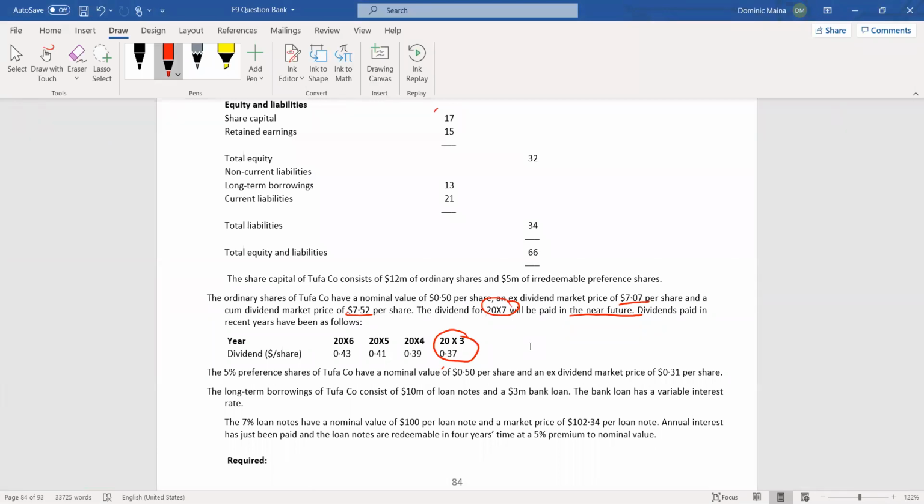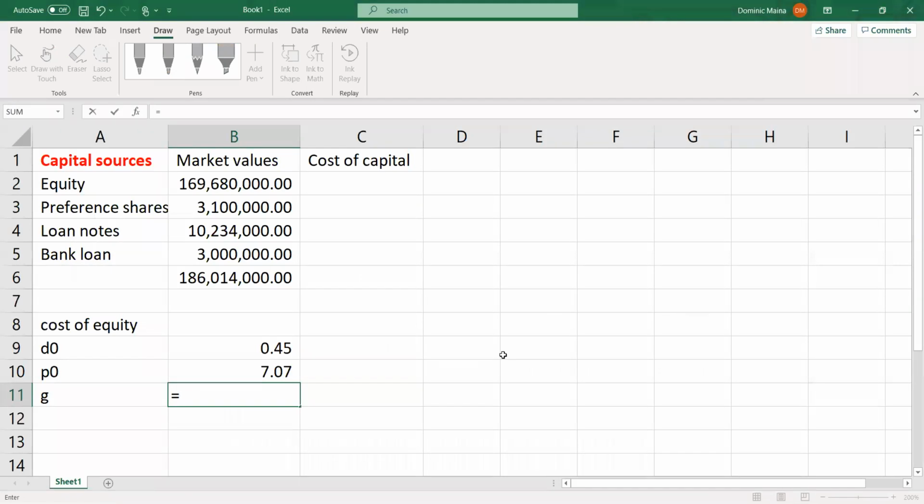Therefore the G will be the growth experienced for those years, from 7 cents all the way to 45 cents.